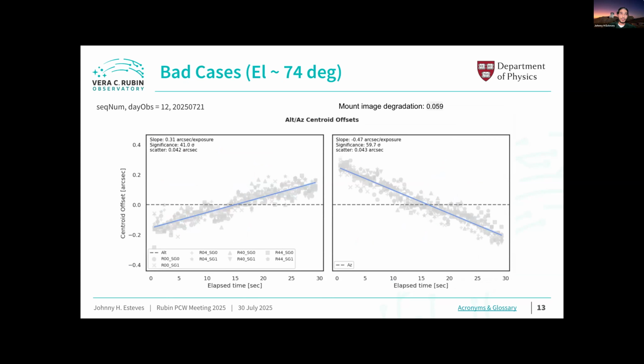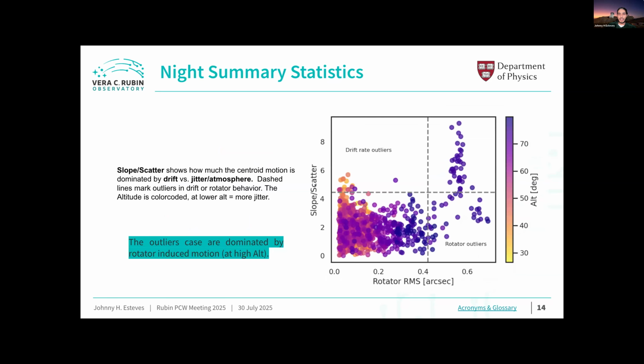Here is an example of a bad case, where we see a very strong slope, and it's much higher than the scatter of the relation, which is the turbulence and the jitter. I'm trying to make some diagnostic plots, and the first one I came up with was to plot the slope divided by the scatter.